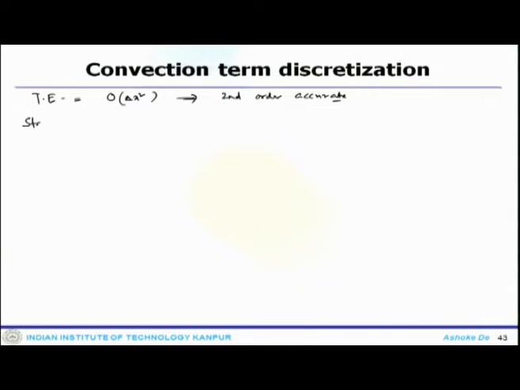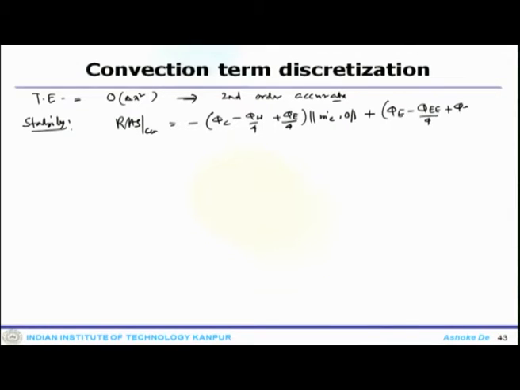And for the stability criteria, if you look at the convection term on the right hand side, it will have this component: phi c minus phi w by 4 plus phi e by 4 multiplied with m dot E, plus phi e minus phi c by 4 multiplied with minus m dot E 0, minus phi c, phi e by 4, phi w by 4, m dot W 0, plus phi w minus.